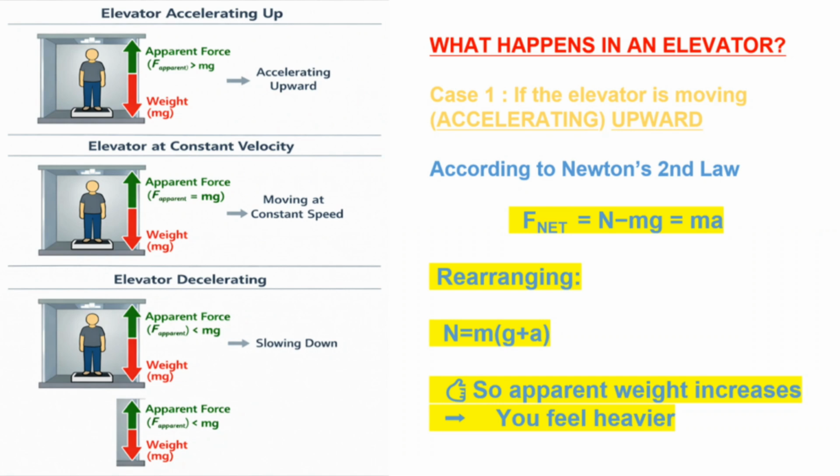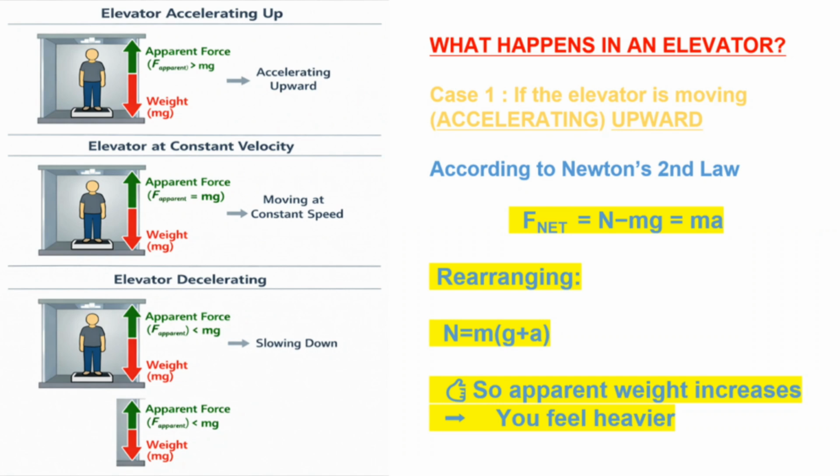So the net force on the person will be equal to mass times acceleration of the elevator, which in turn is equal to the normal force acting on him in upward direction minus the weight of the person in downward direction.